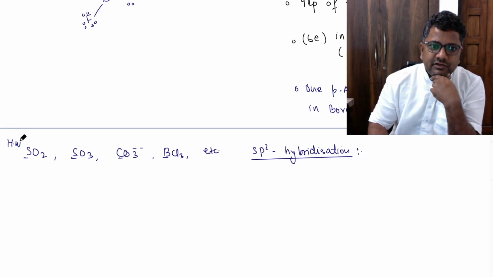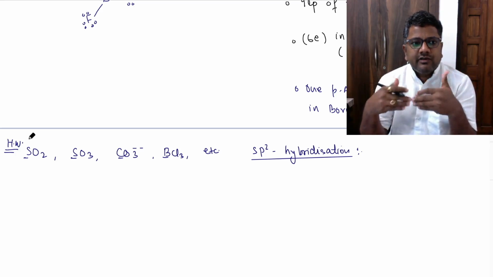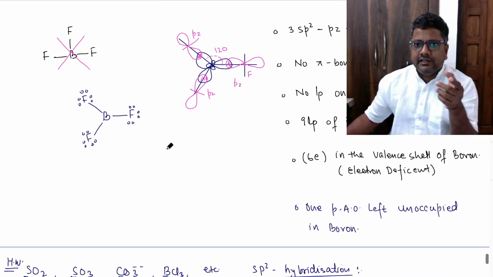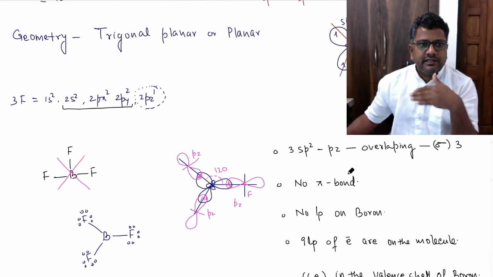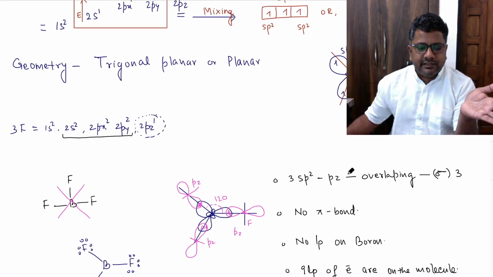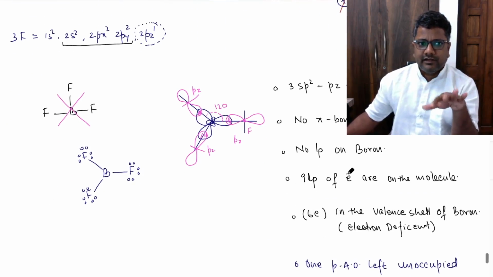All of you should draw everything properly, whatever features you can write. It is not necessary that only these features are in every molecule, as I have listed here. Molecule to molecule, features are added or deleted. So you have to write whatever is possible for every molecule.